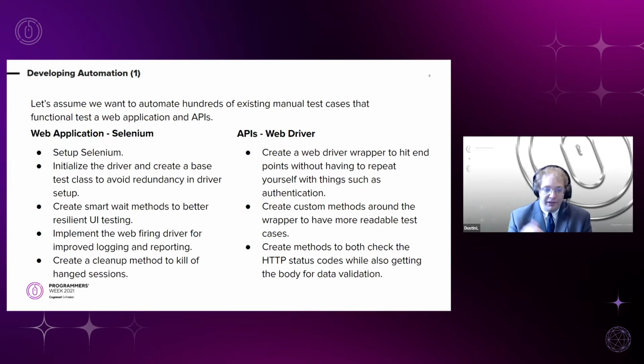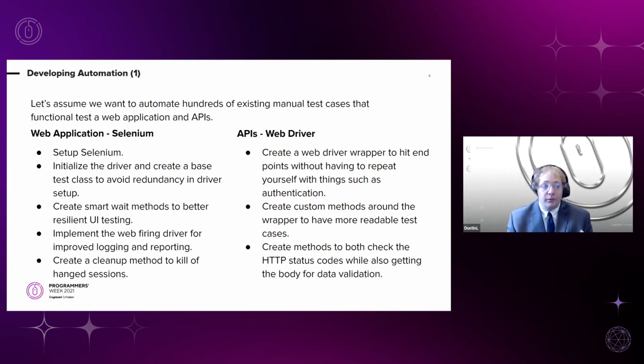And then we're probably also going to want to implement some sort of event firing driver for improved logging and reporting. This doesn't have to be event firing. You could write your own custom log messages, things like that. But we're going to want better logging than just the error messages our automation gives us when something fails. We probably want a pretty good log walking through exactly what we did, what the state of the page is, screenshotting, things like that.